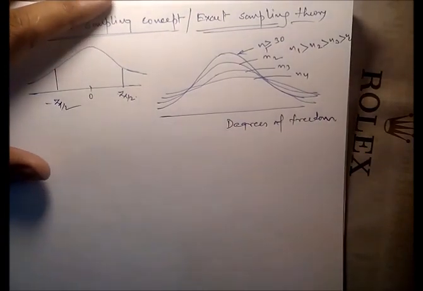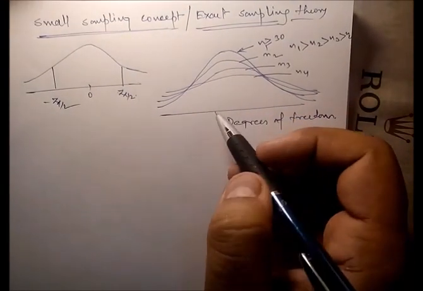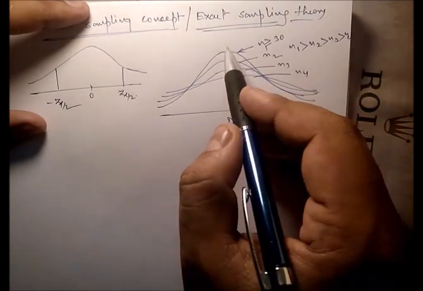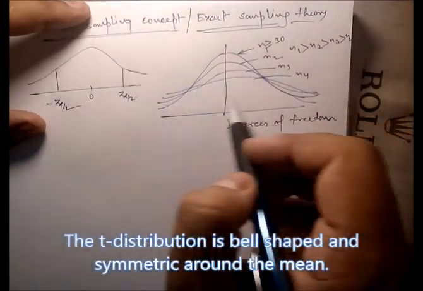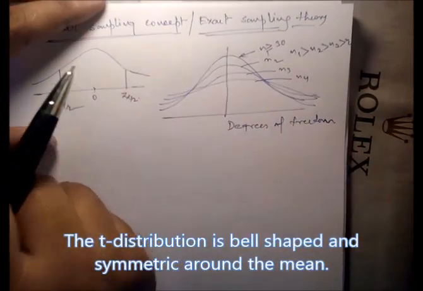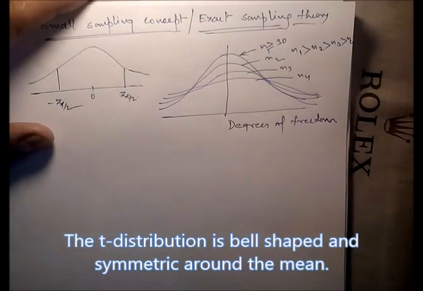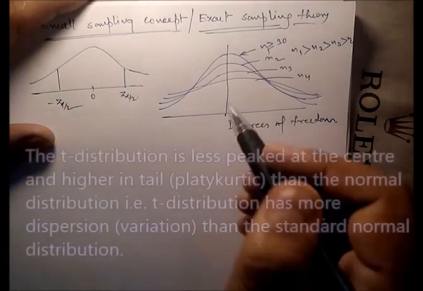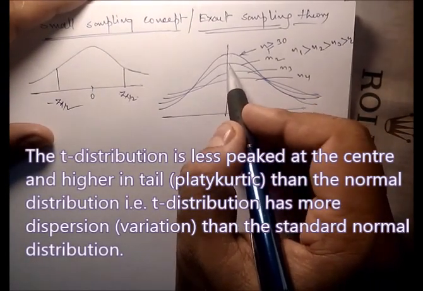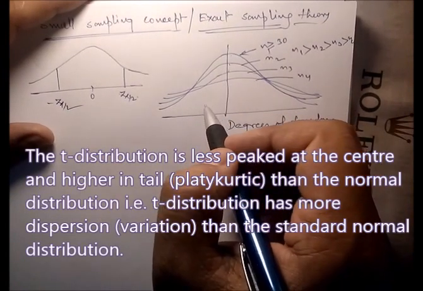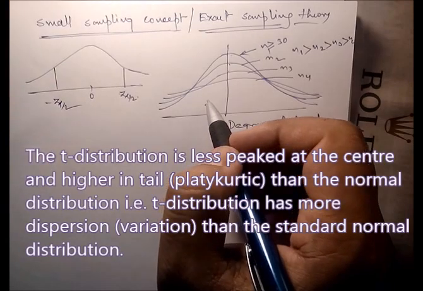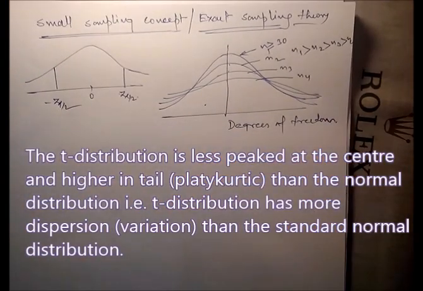So the t distribution is bell shaped and symmetrical about the mean. The t distribution is less peaked at the center and higher in the tails than the normal distribution. It has more dispersion than the standard normal distribution.